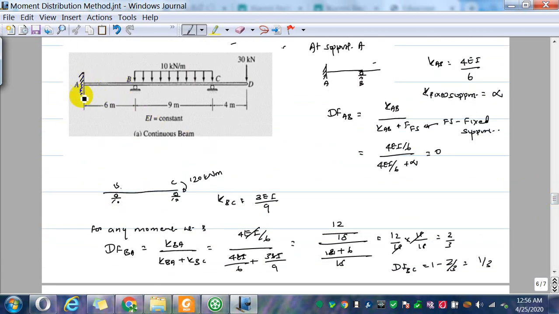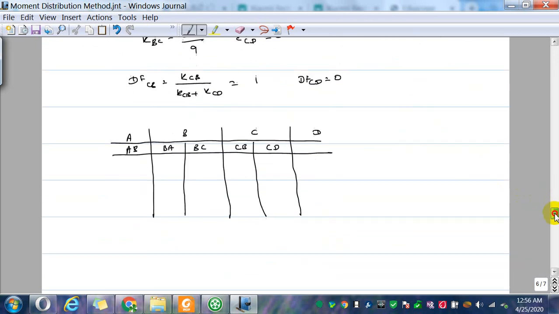When you consider support A, AB, only one member. If you consider B, BA plus BC, so 2 members. Consider C, CB plus CD, 2 members. Now the next thing we should write down is the distribution factor.